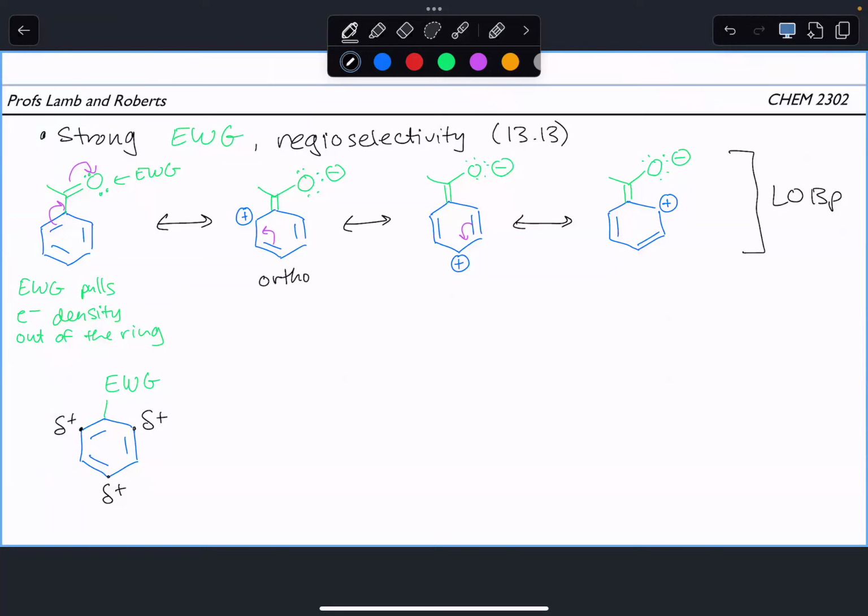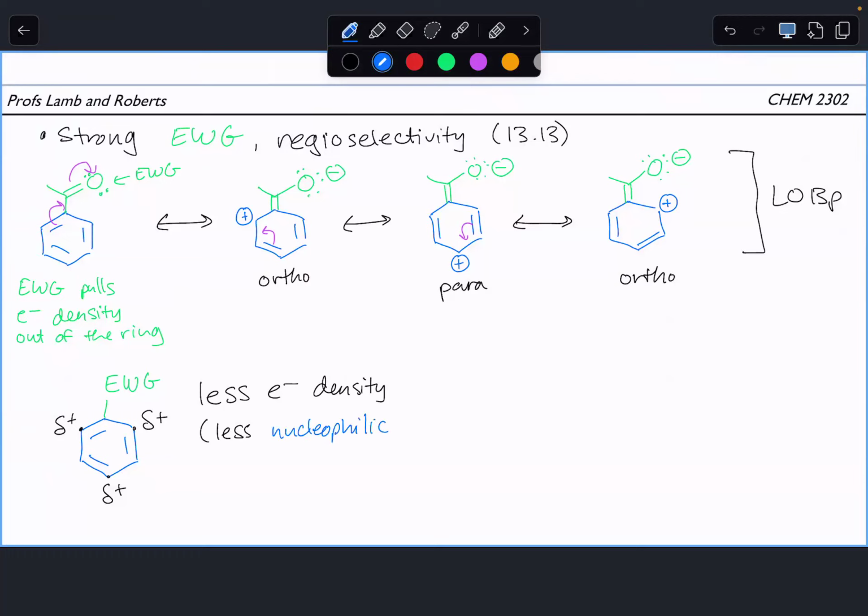So here we have it in the ortho position, para, and ortho. That means that we have less electron density, or it's less nucleophilic at those ortho and para positions.